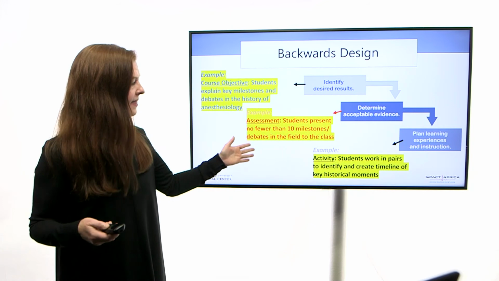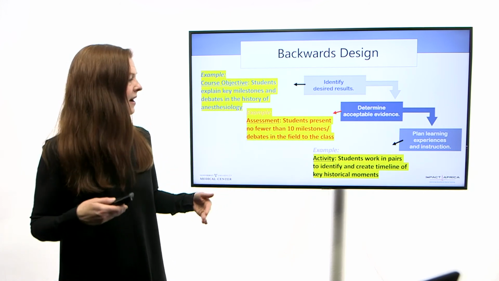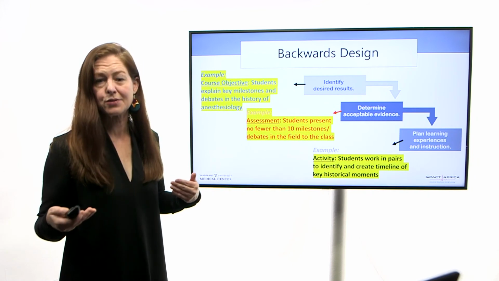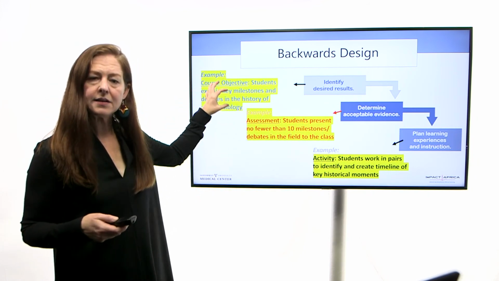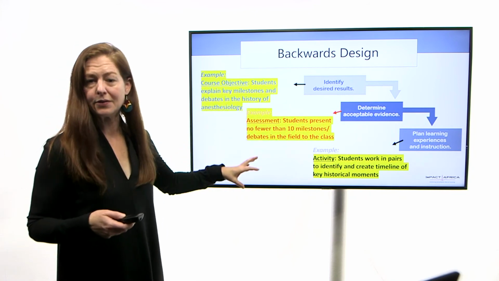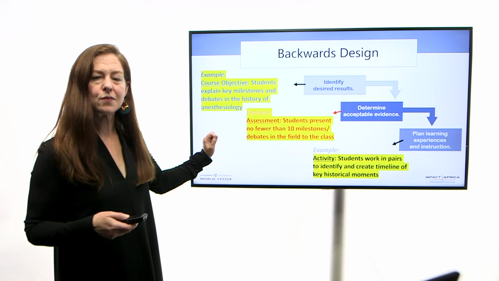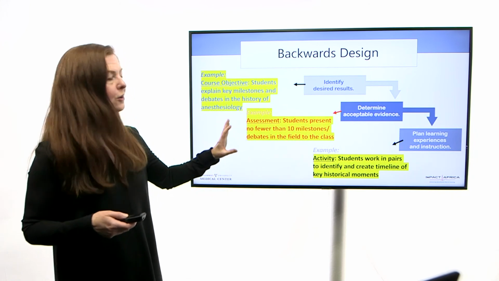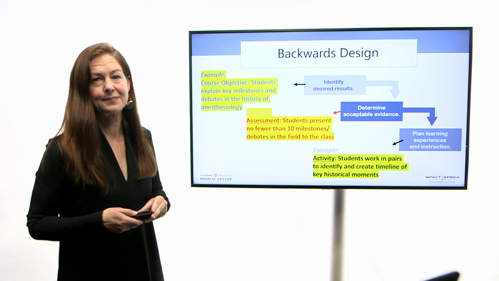And then you think about the activity as students working in pairs to identify and create a timeline of historical moments. So as you'll see, these are all aligned and they're connected, they build upon each other. So the assessment then directly informs the task that we use when we plan our assessments and plan our lessons.